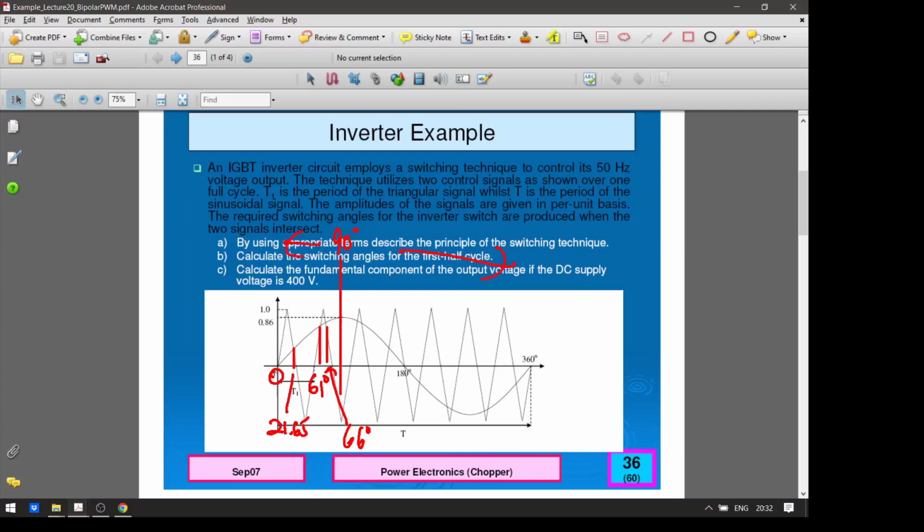If you look at the peak of these sinusoidal modulating signals, we see that the rest of the waveform for the first half cycle is actually symmetric to the first 4 angles here, isn't it? So that will be equal to that. This is symmetry of that, and this is symmetry of that waveform, isn't it?